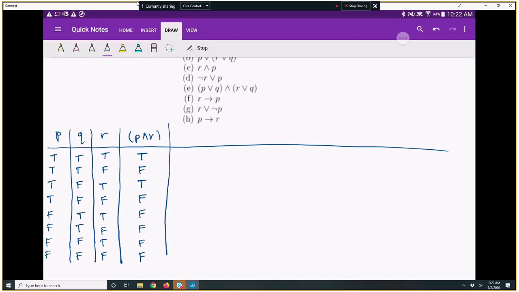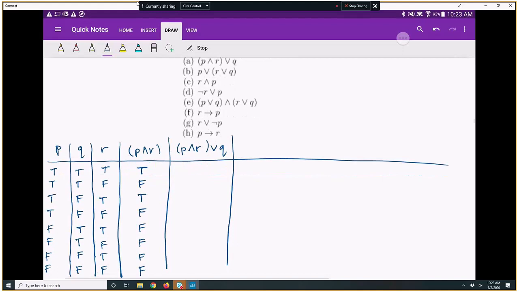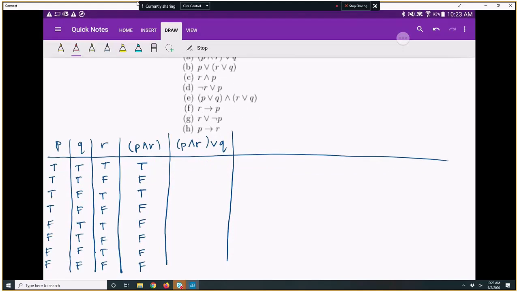So now I can make this compound statement P and R or Q. So now I'm looking at this column and this column, and I just need one true in order to claim that it's true.